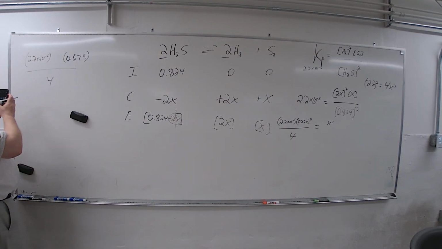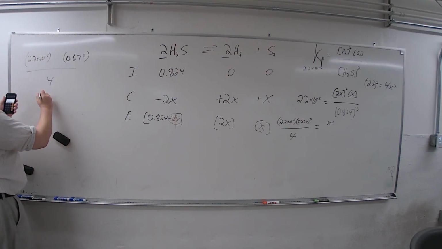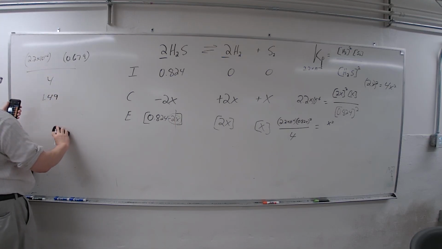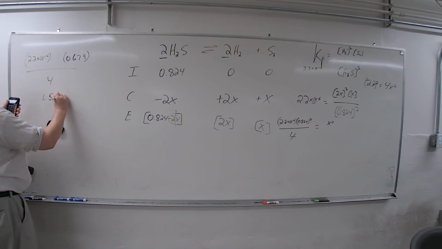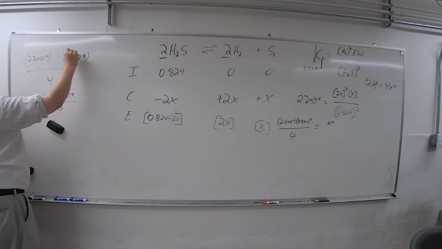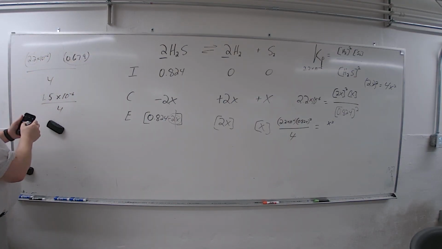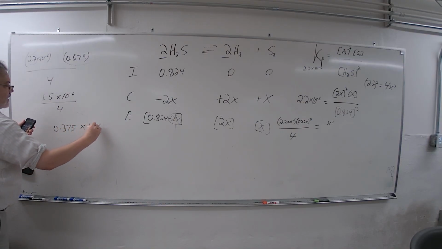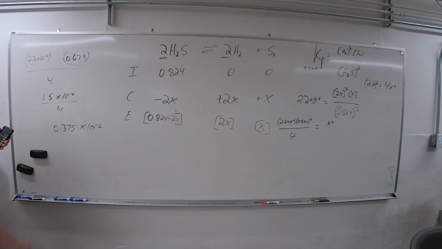Now I'm going to go 2.2 times 0.678. So now I've got two significant figures. I guess I have to go with 5 here. So that I just multiplied this by this and left this alone. 1.5 divided by 4 is, so it's that.